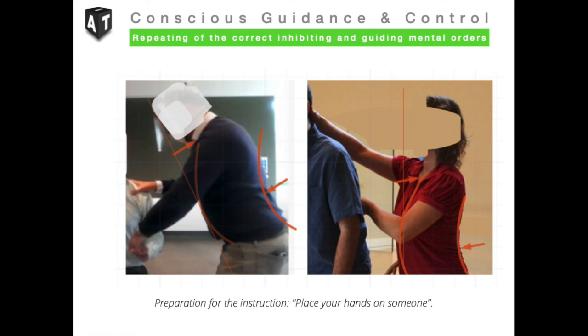They are all shown putting hands on people with an example of what we mean by shortening the back. There is one thing that's for sure: they are not really using a conscious guidance and control technique. They are transmitting an experience, so it's different.